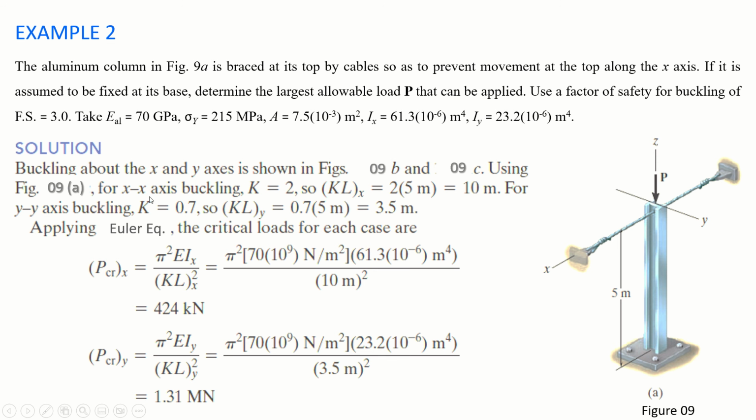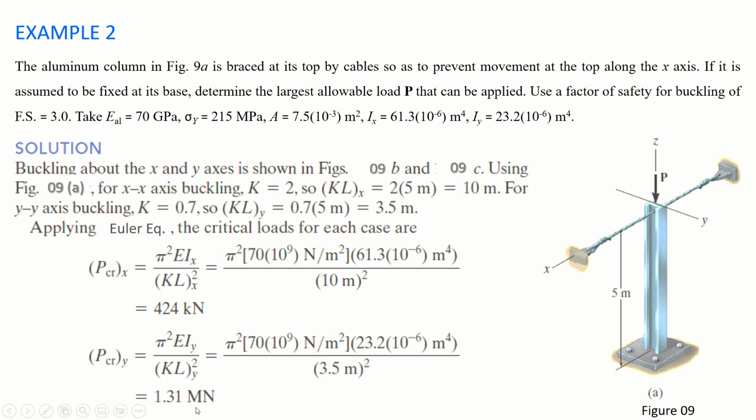Now for x-axis buckling, K is equal to 2, so KL is equal to 10 meter, and for y it is 3.5. So 10 is of course obviously larger than 3.5, so that's why P critical about x will be 424 kilonewton, and P critical about y will be about 1.31 meganewton.